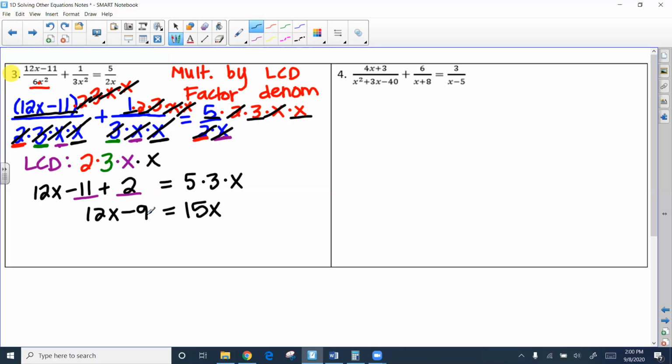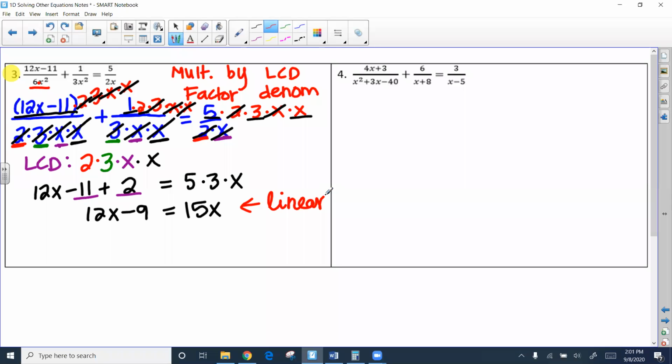Okay. So after I found the common denominator and multiplied everything by the common denominator, I got rid of all the fractions, and I'm left with this equation. Notice once again, even though it has x's on both sides, in both cases, it's just x. X to the first power. There's no higher powers, so this is a linear equation.